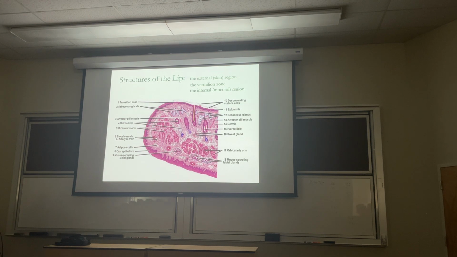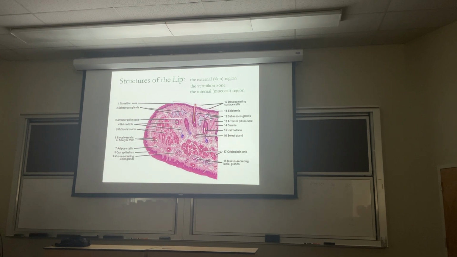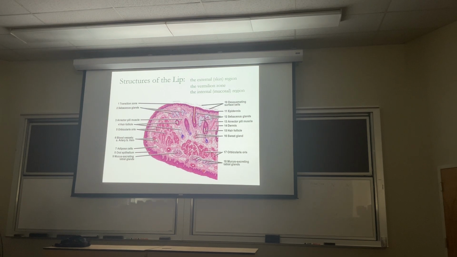Here is a pretty low magnification of the lip. This is the external region. You can see some of the keratin which has been pulled off. It's an artifact in the processing, but there's some keratin. This is stratified squamous keratinized epithelium, and it comes around to the vermilion portion and then to the mucosal or internal portion.